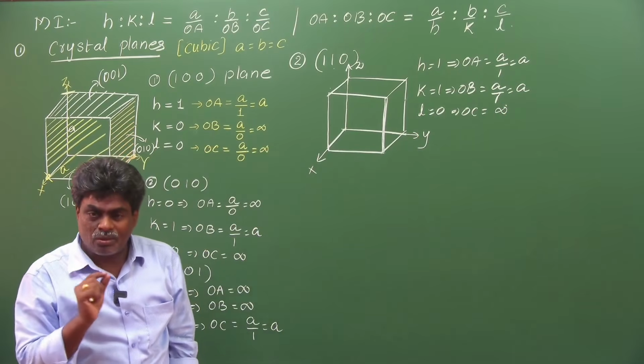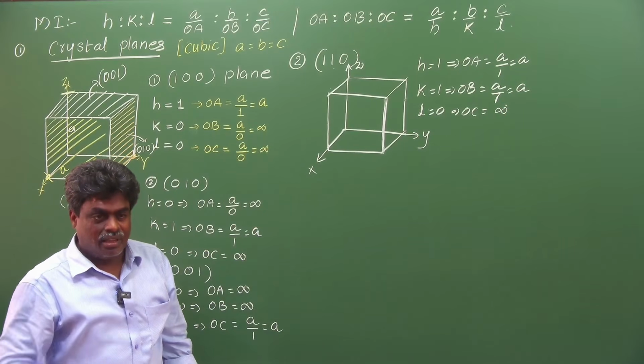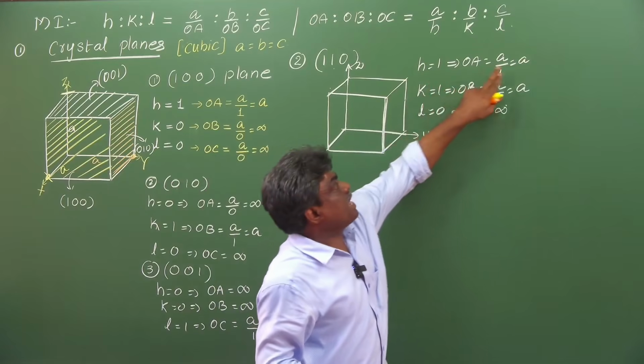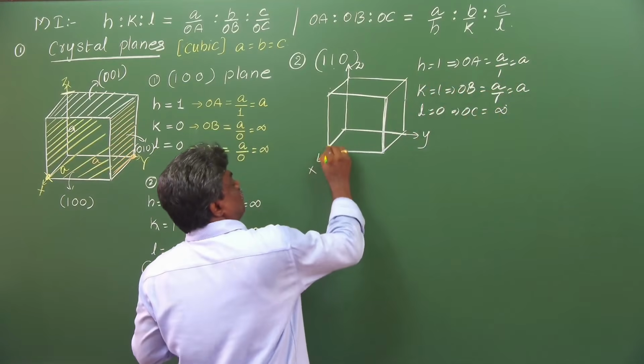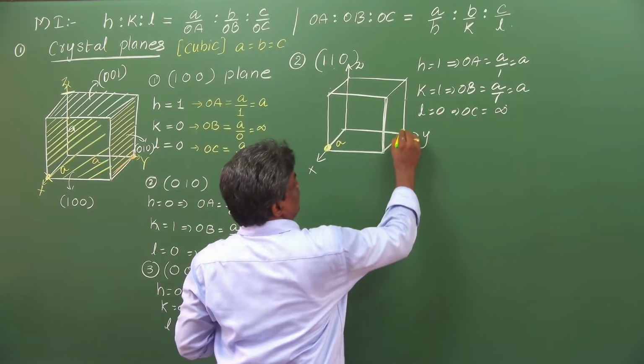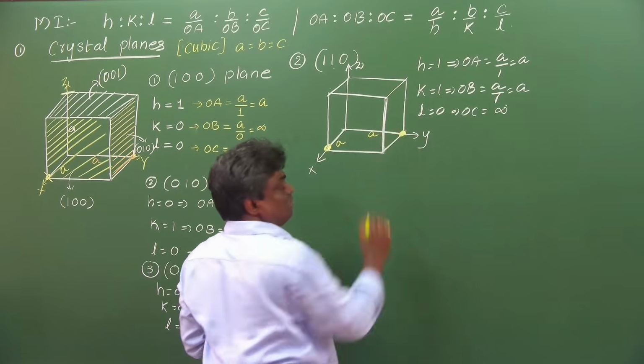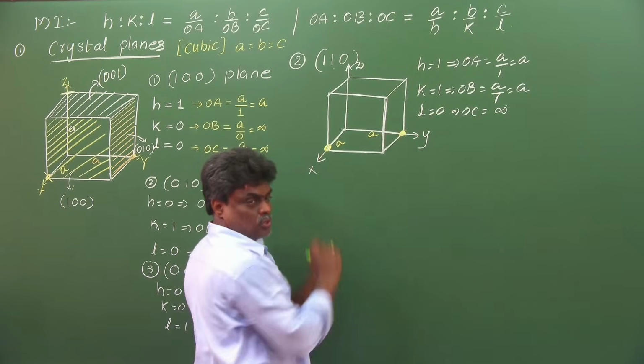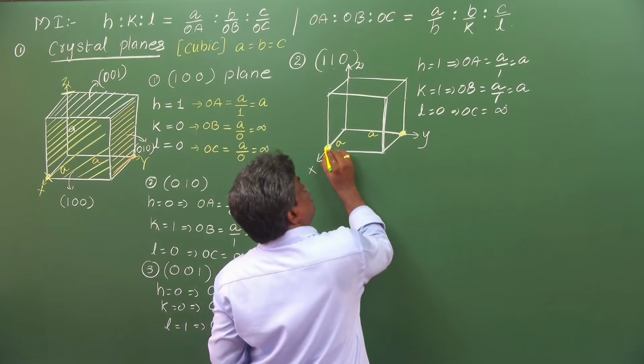Now please go to your coordinate axis, intersect the x axis at a, the y axis at a. Okay. Now once you got those 2 points, just join those.